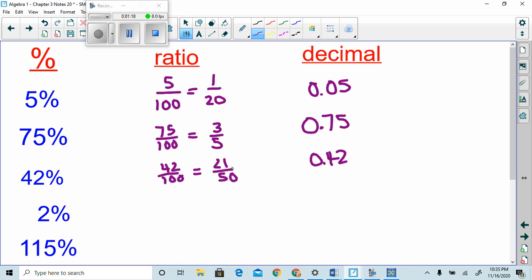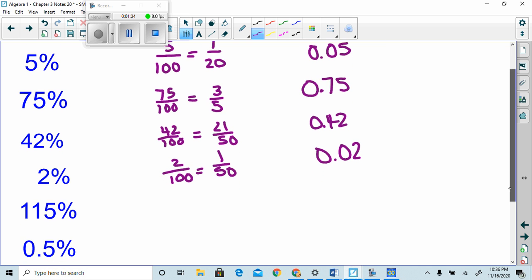and we're good there. 2% is 2 out of 100. Divide by the common factor of 2, and 2/100ths, 1/50, and done. 115% is 115 over 100.